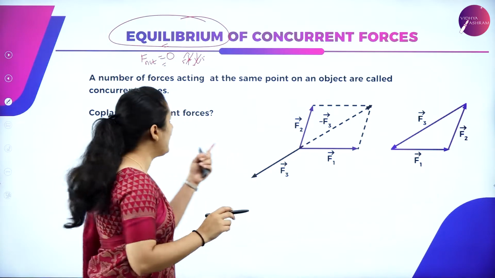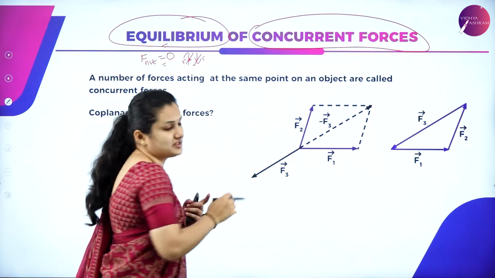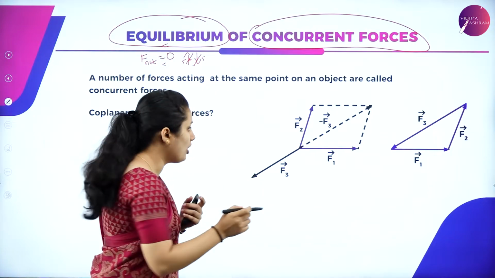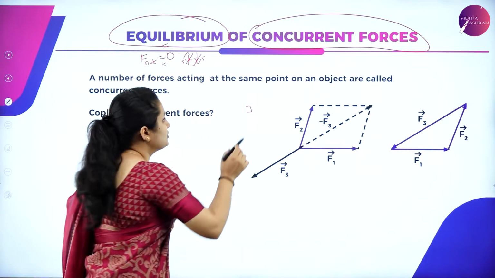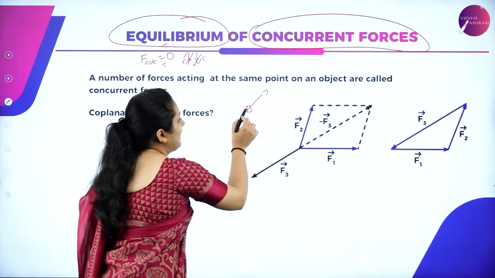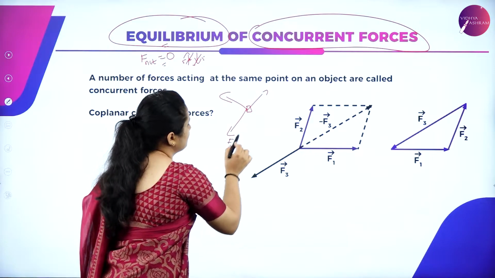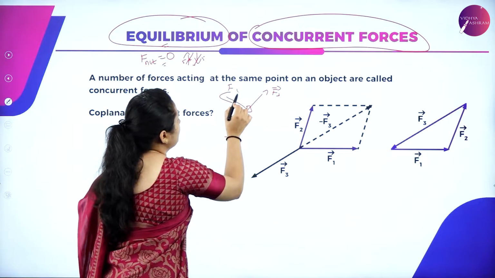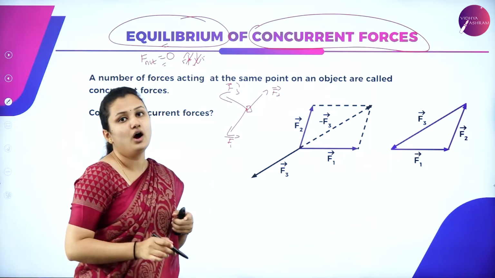So here we have concurrent forces. What do you mean by concurrent forces? Many forces acting at the same point of the object. So I have an object here, and many forces F1, F2, F3 are acting at the same point of the object.